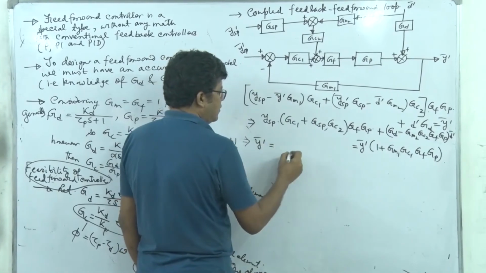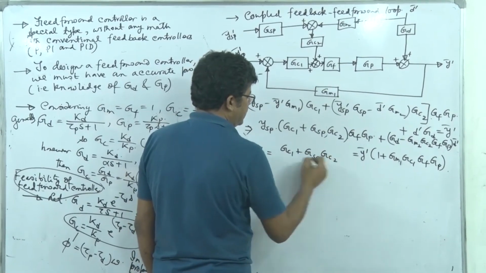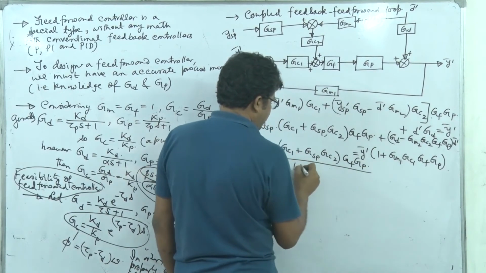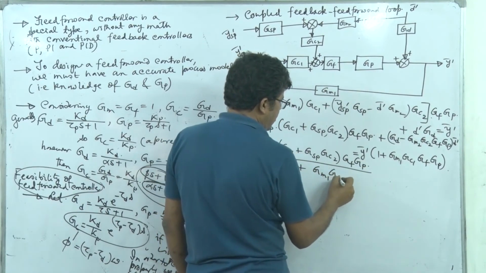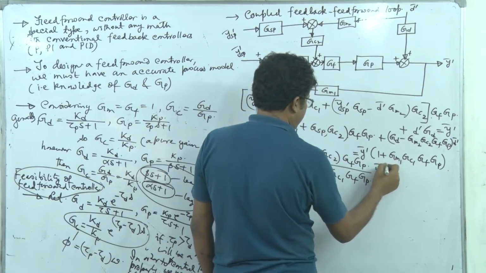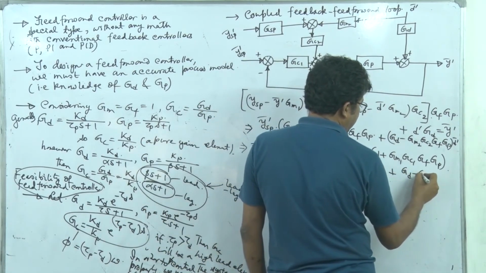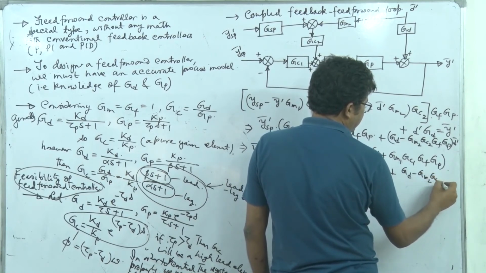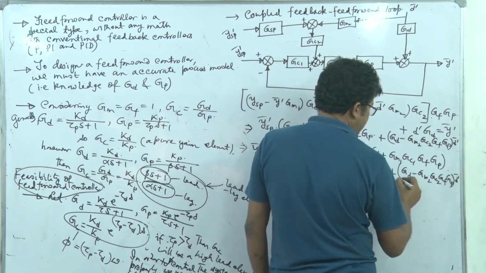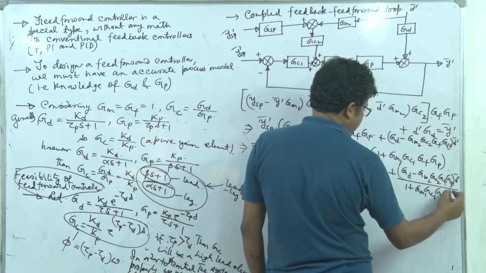Y prime bar will be GC1, GSP, GC2, GF, GP divided by 1 plus GM1, GC1, GF, GP into YSP prime bar, plus GD minus GM2, GC2, GF, GP whole bracket D prime bar divided by 1 plus GM1, GC1, GF, GP.